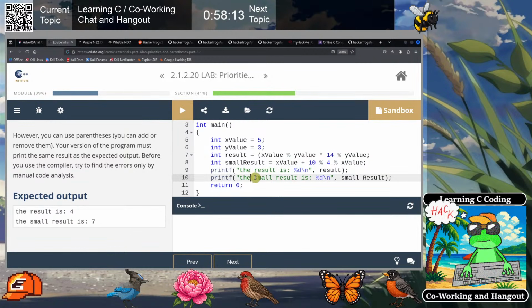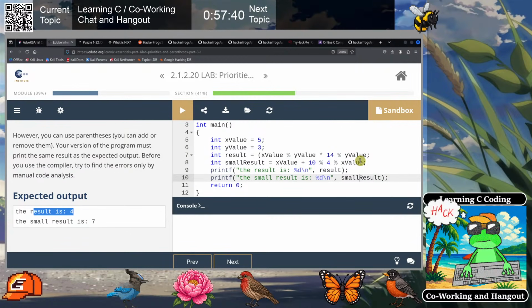Okay, so there's nothing wrong with the print statements. No, there is something wrong with the print statement. We need to remove this space. Okay, but aside from that, everything's fine. We need to print the result as 4. So result equals x value modulo y value times 14 modulo y value.